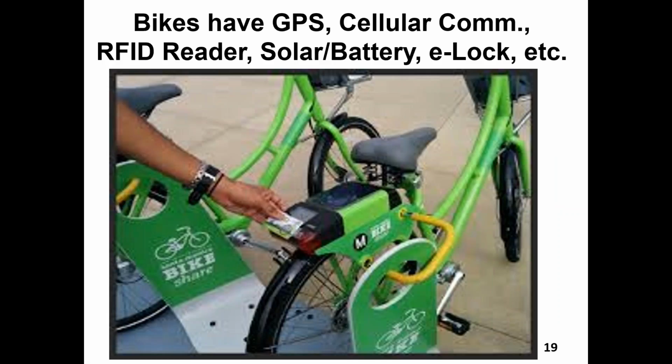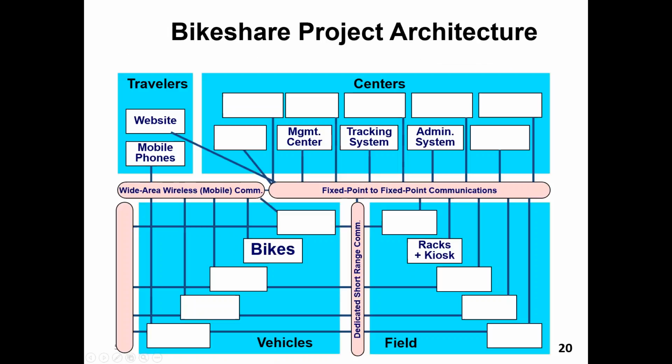The thing is, there's a lot of technology on these bikes. It's surprising: GPS to track them, cellular communication, check-in by an RFID card, and solar charged batteries, all integrated with the onboard systems. So this project is an example for those on the phone and in the room, architecture oriented.